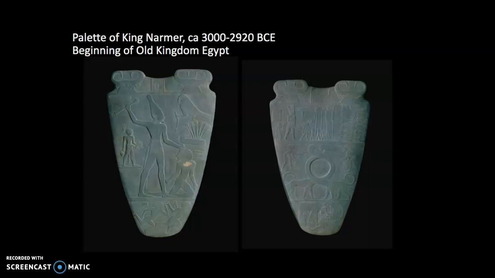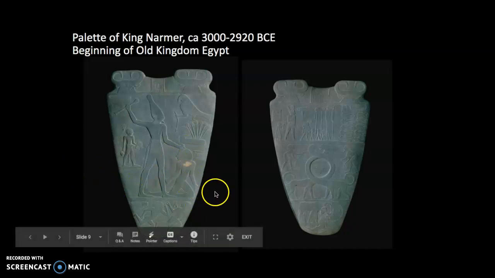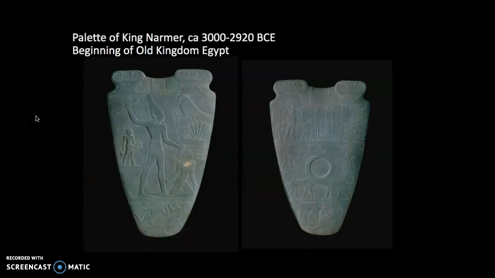And the king is holding here this smaller figure kind of in submission, to depict the triumph of Upper Egypt over Lower Egypt.